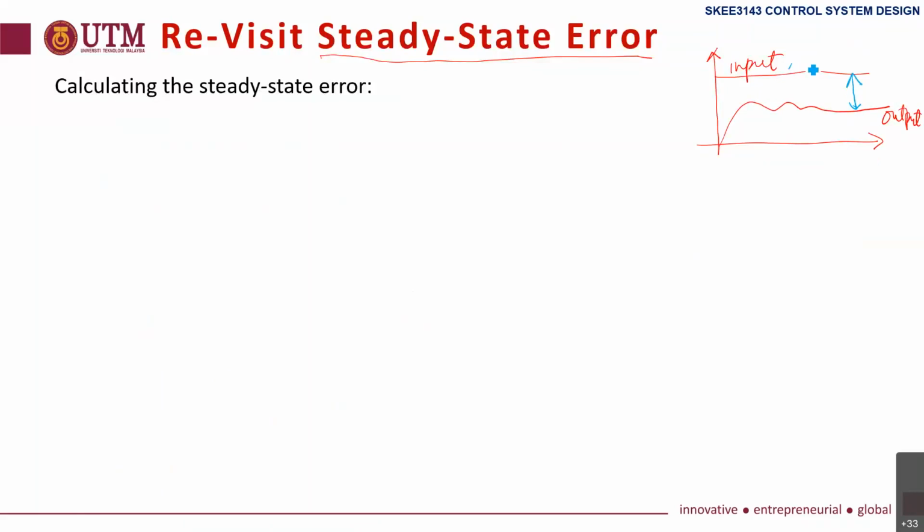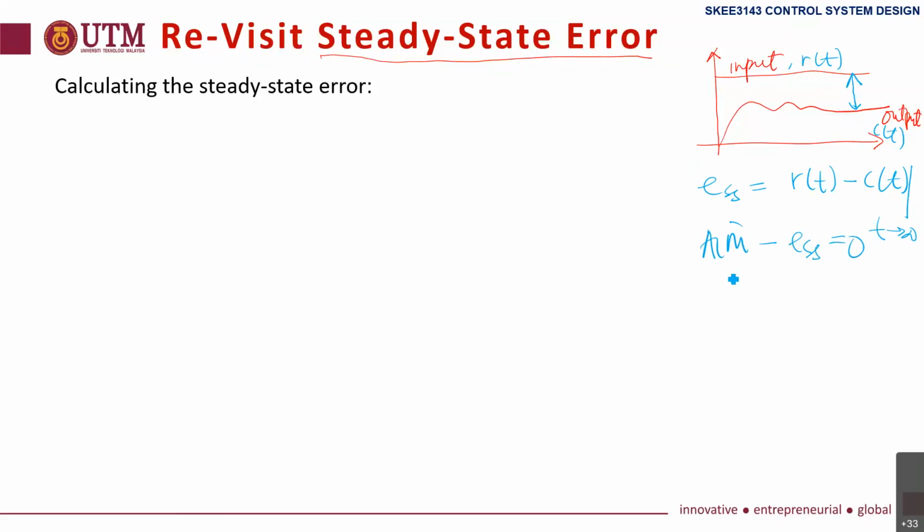If this is input R(t), output C(t), error is R(t) minus C(t), input minus output. When t approaches infinity, that means after a long time, we take input minus output. That is the steady state error. And our aim is steady state error equal to 0.